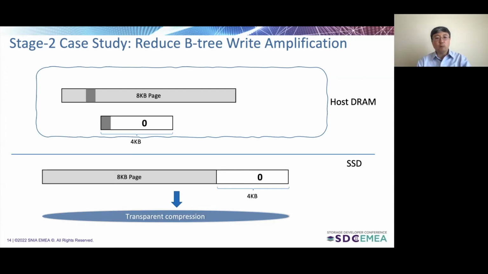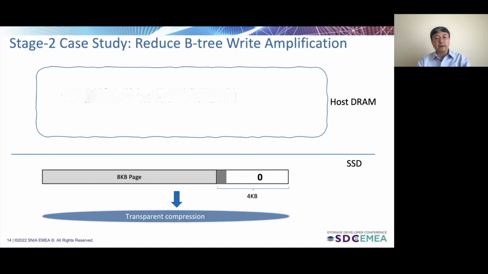Then through the normal 4K byte I/O interface, we write this mostly 0 4K byte block to the SSD 2.0 as shown here. And finally, we evict the 8K byte page from the host memory. Later on, we reload this 8K byte page from the SSD by consolidating the original page with the delta.